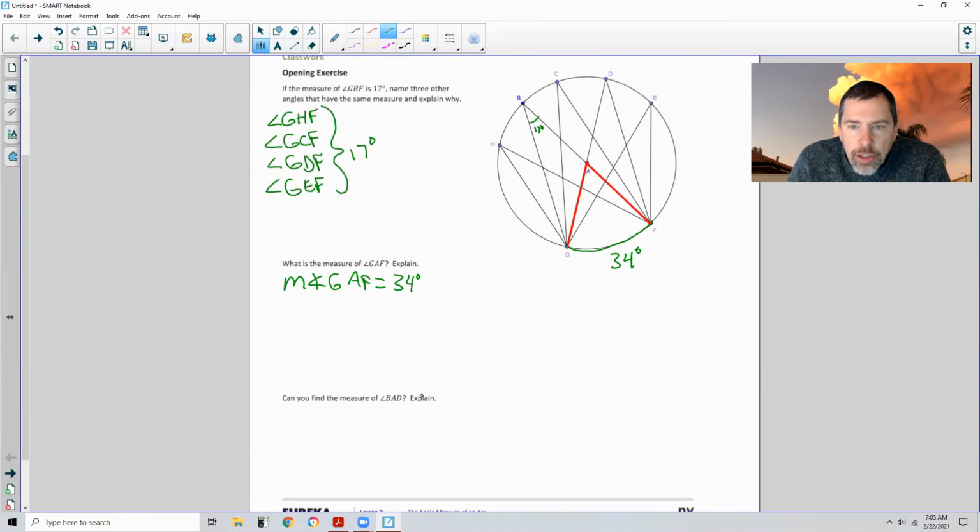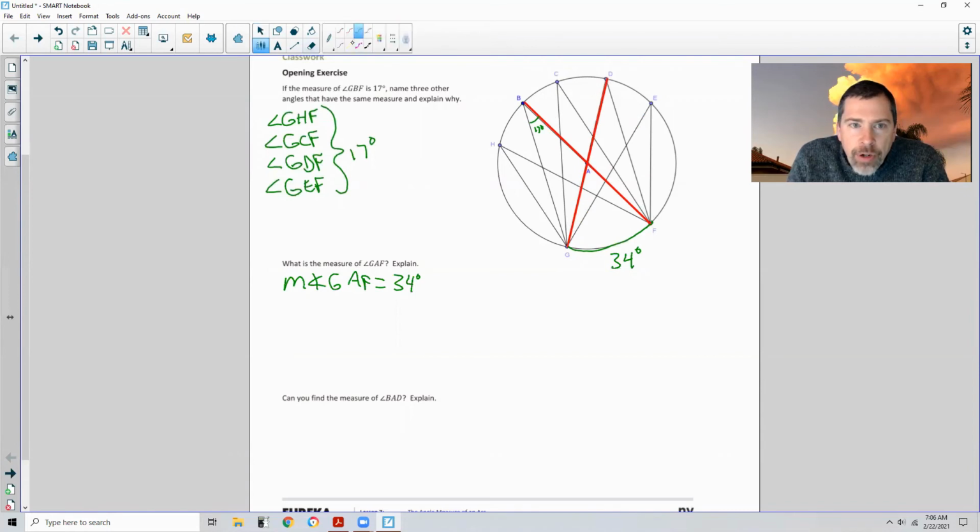Can you find the measure of angle BAD? What I'm going to do is extend this. Watch what's going to happen. BAF is a straight line going through the center. That's called a diameter. When the chord goes through the center, it's a diameter. And if I extend GA over to D, that too is a diameter.